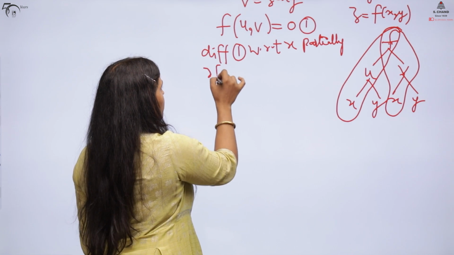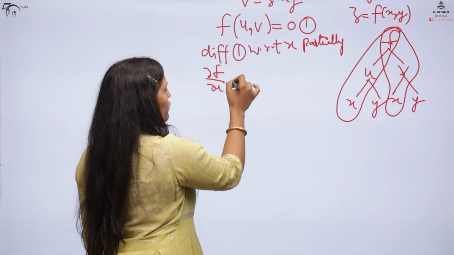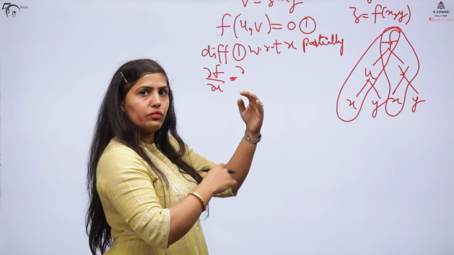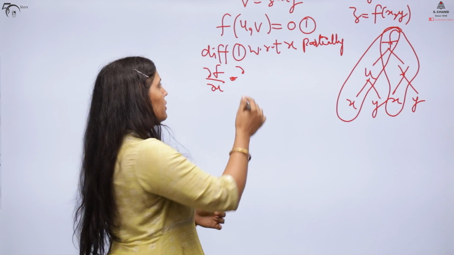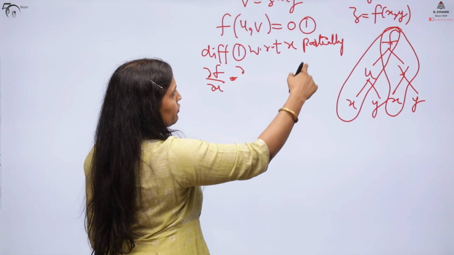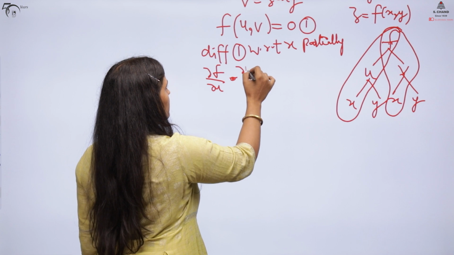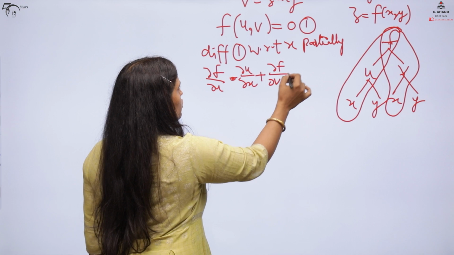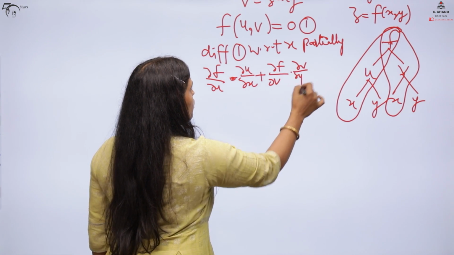So f derivative with respect to u first, then along a chain we multiply, and if it is a different chain we add. This is one chain: f derivative with respect to u, then u derivative with respect to x, plus f derivative with respect to v and v derivative with respect to y.